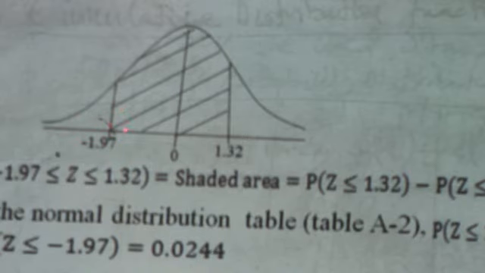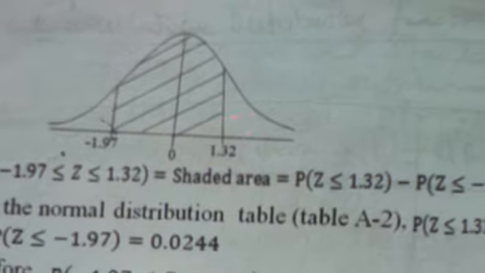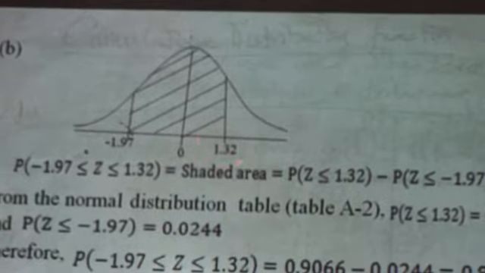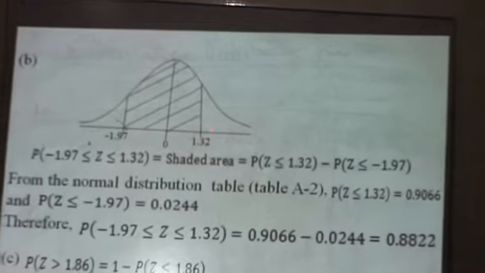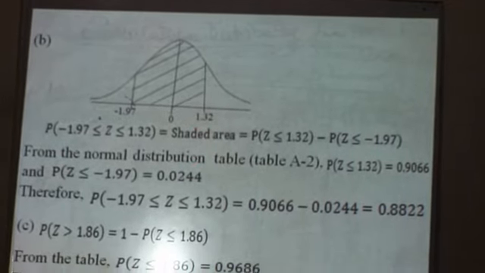So if you want to find the probability that the Z falls within this region, then you have to subtract the area cut off by Z equal to negative 1.97 from the area cut off by 1.32.